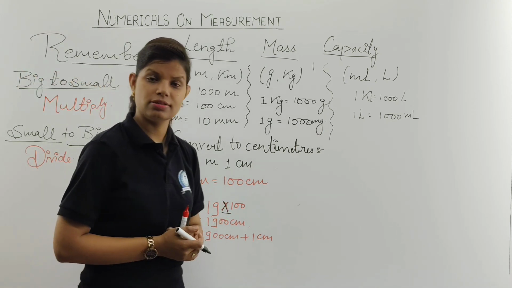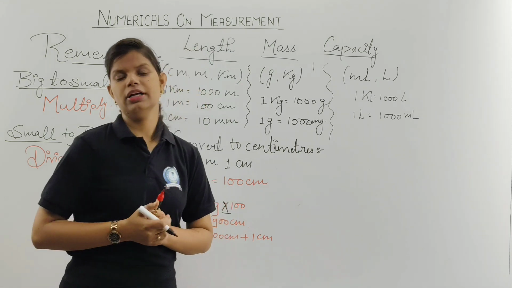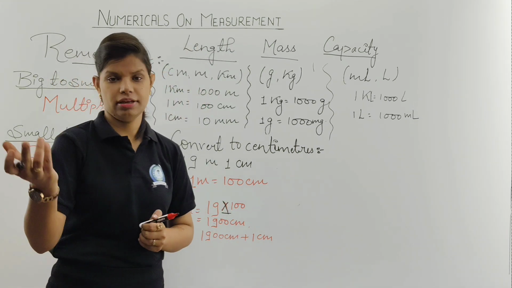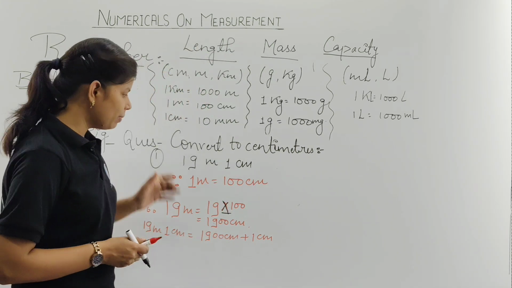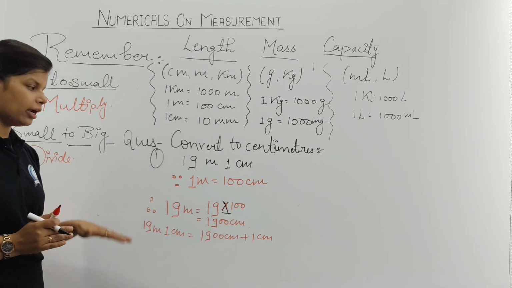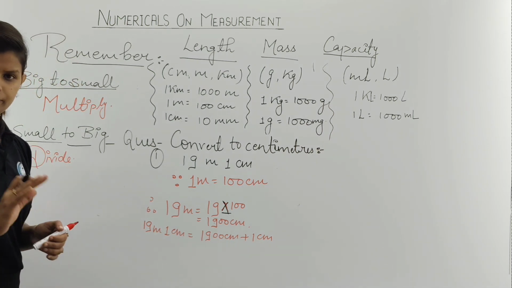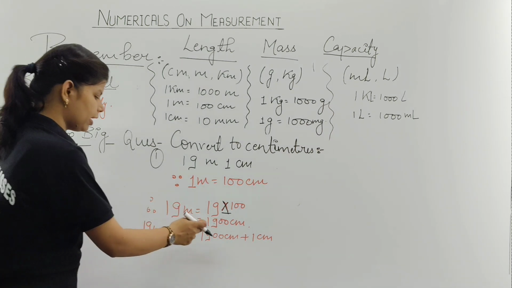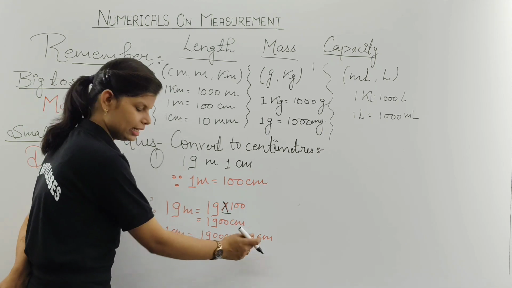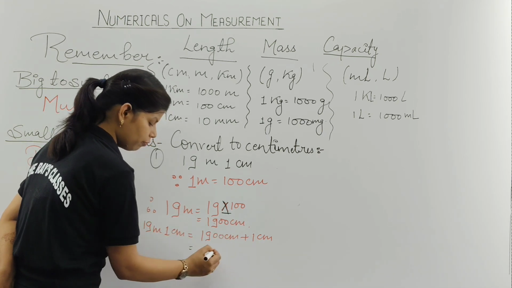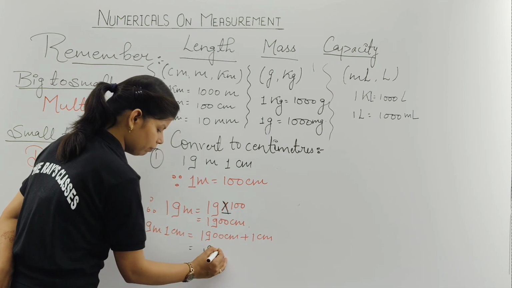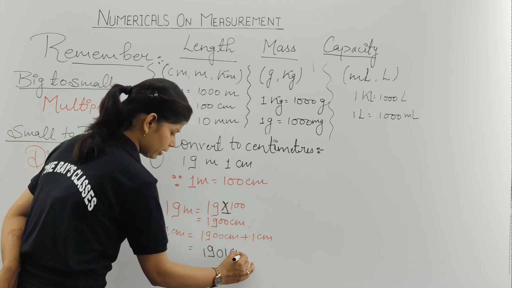If you do not learn these small things, it will be difficult to understand the big things in the future. That's why I'm explaining in depth so you can understand each topic properly. So we get 1900 centimeter plus 1 centimeter, and when adding, the final answer will be 1901 centimeter.